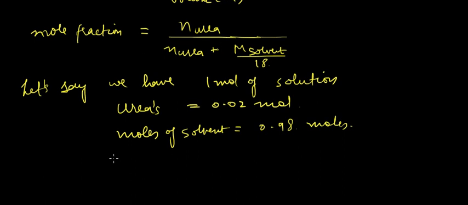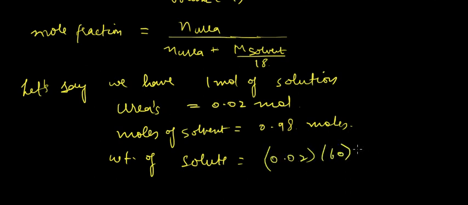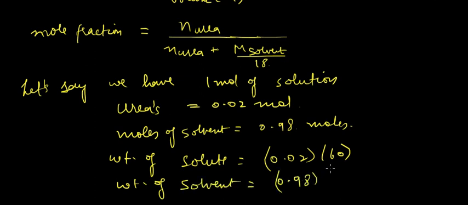Then we can calculate that the weight of solute would be 0.02 into 60, which is the molar mass of urea, and weight of solvent would be 0.98 into 18.